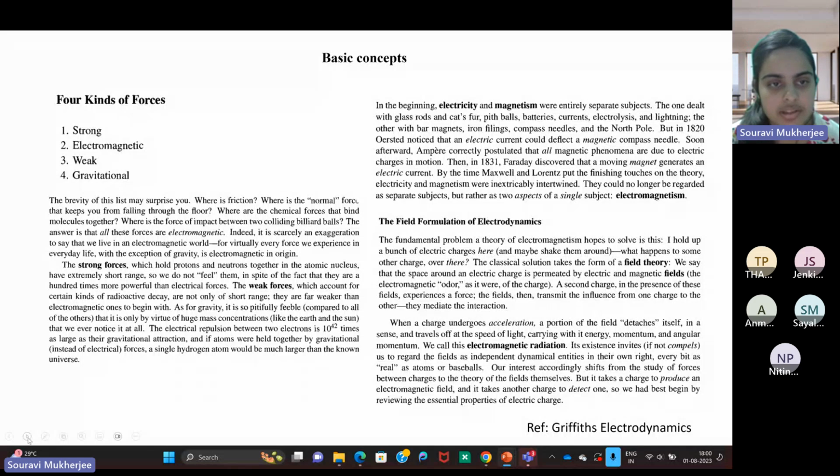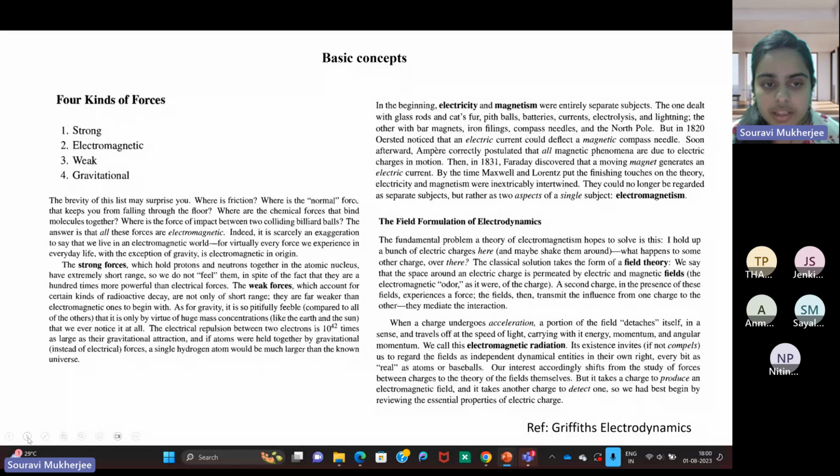The strong forces hold the protons and the neutrons together, and they are strong, but they are very short range, so we don't generally see them. The weak forces account for certain kinds of radioactive decay, and they're also short range and far, far weaker. And gravity is stronger, but it needs huge mass, so it works in the ranges of huge celestial bodies.